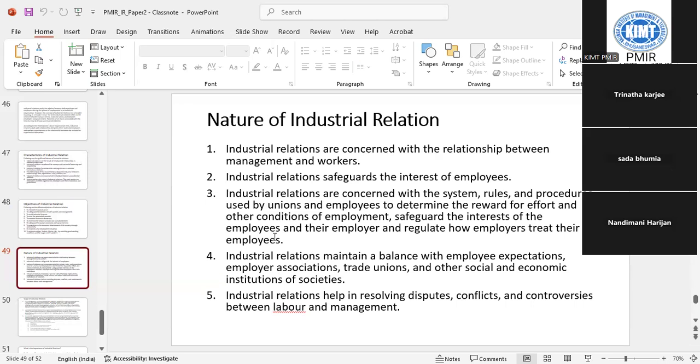So when you are maintaining the balance between all the parties, the employees, the employer, the trade union, the court, all the parties who are involved, you are actually maintaining a balance between all the parties.